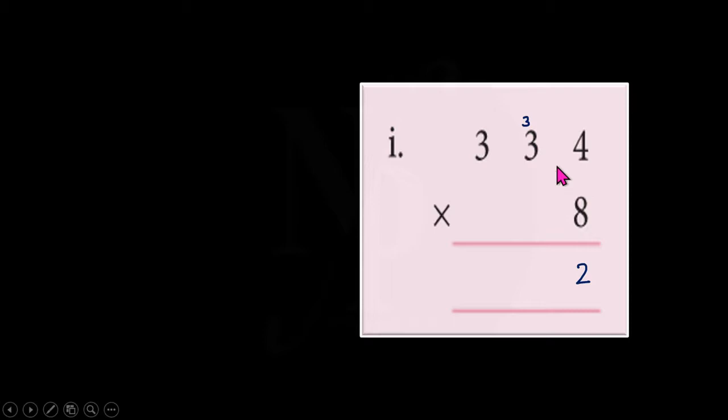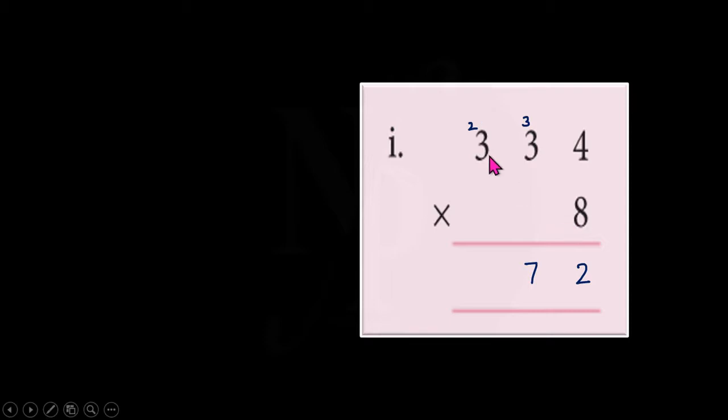Now let's multiply 3 by 8. 8 threes are 24. 24 plus 3 is 27. And 27 tens are regrouped as 2 hundreds and 7 tens. So let's write 7 tens in tens place and 2 hundreds are carried forward to hundreds place.